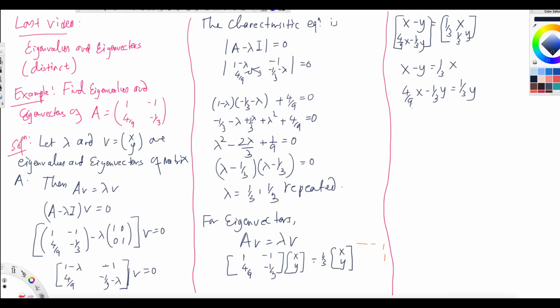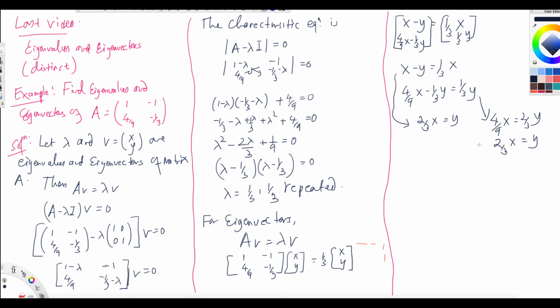What do you get? 2/3 X equals Y. From the second one, you get 4/9 X equals 2/3 Y. If you divide both sides by 2/3, you get 2/3 X equals Y again. So basically you get the same equation. That's what you expect to have.